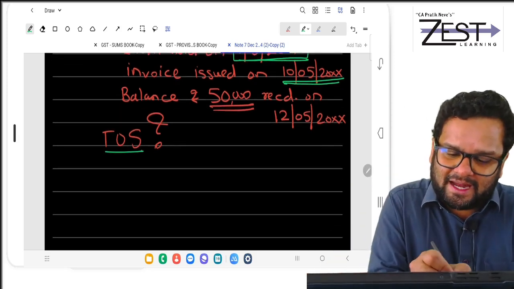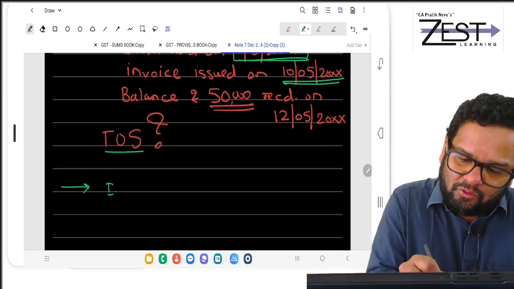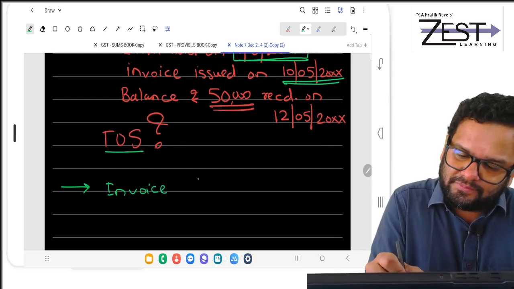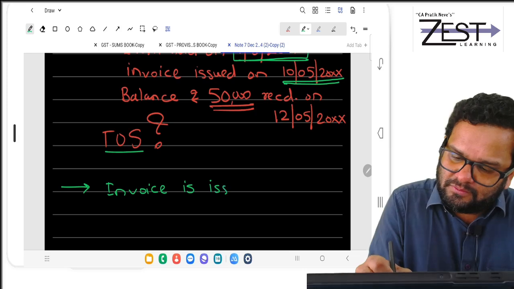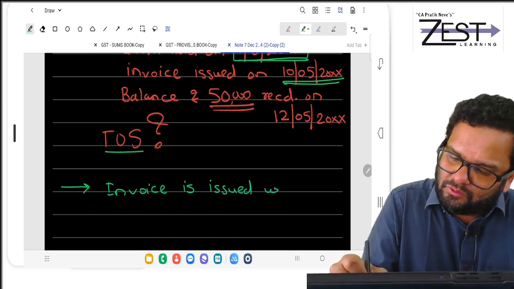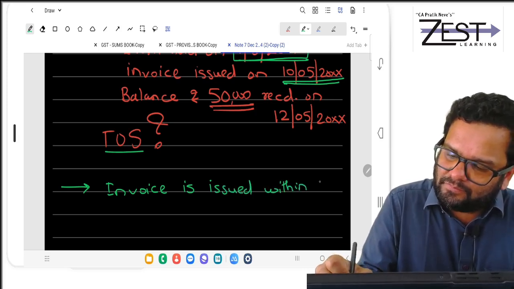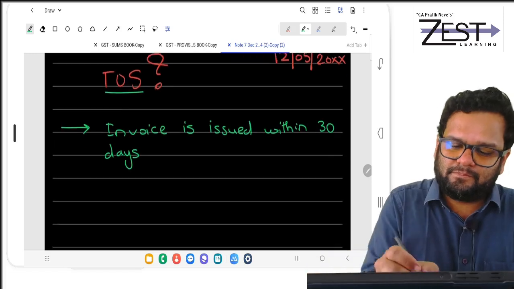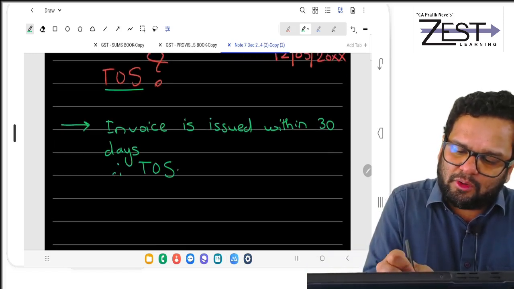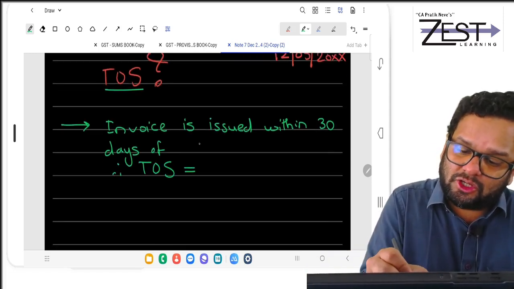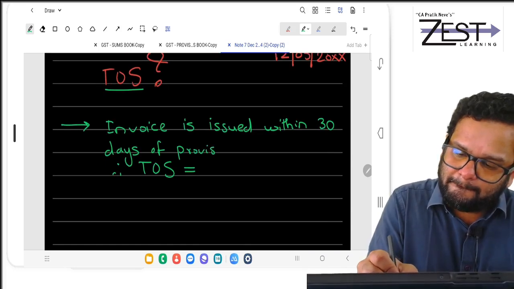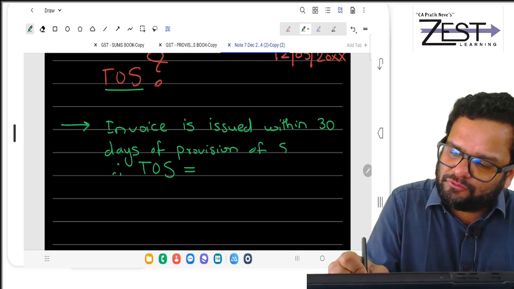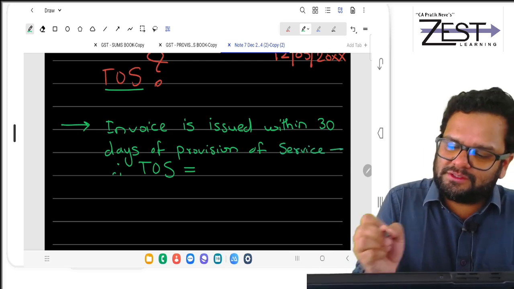So, can I say that invoice is issued within 30 days? Therefore, time of supply is within 30 days of provision of service.